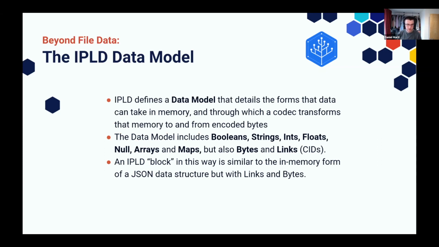And these are two that, for example, JSON doesn't have. And an IPLD block is just a way to encode that data into raw bytes, right? So you might think of it as similar to how you would store that data in memory. It's just that links and bytes are especially supported.